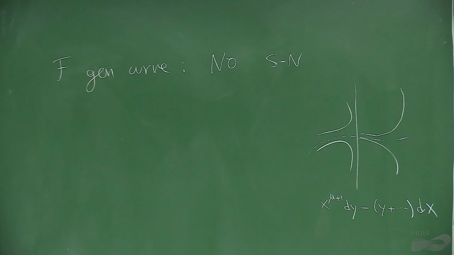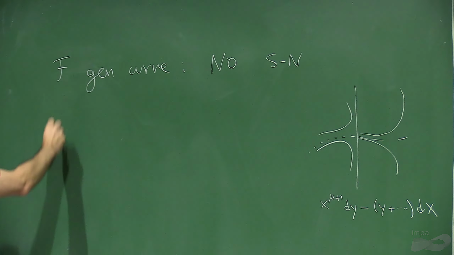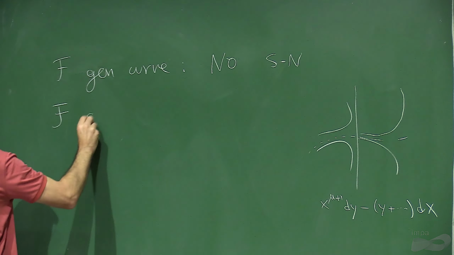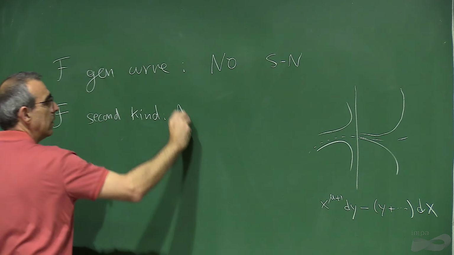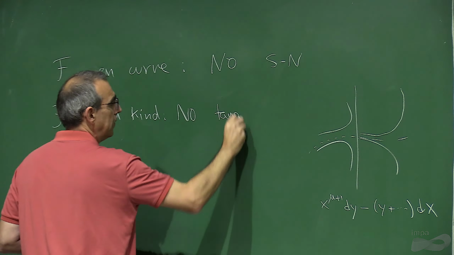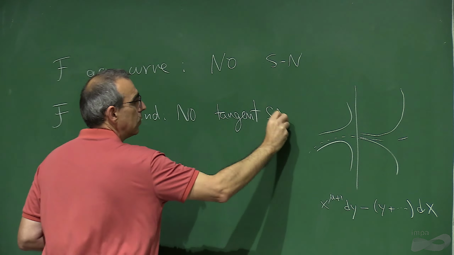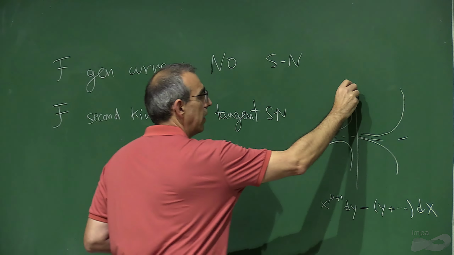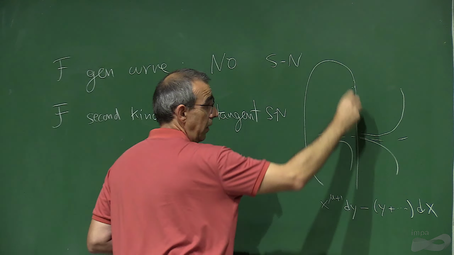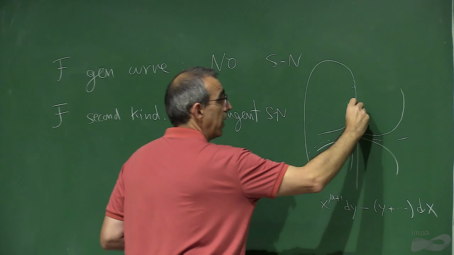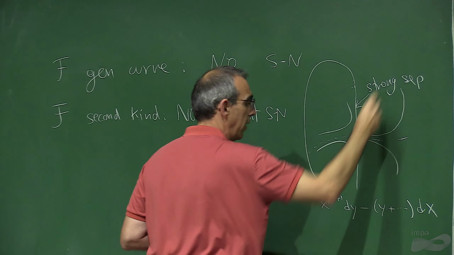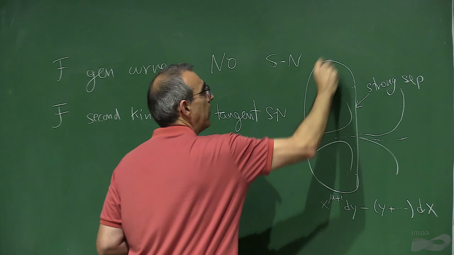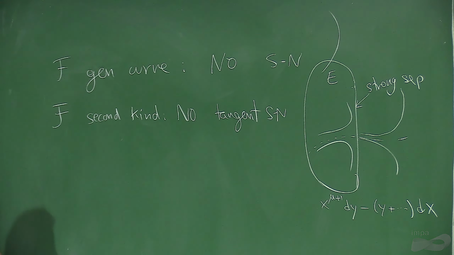This is a saddle node, and F is called second kind. See? No tangent saddle node. Tangent means that the strong separatrix of the saddle node is contained in the exceptional divisor.